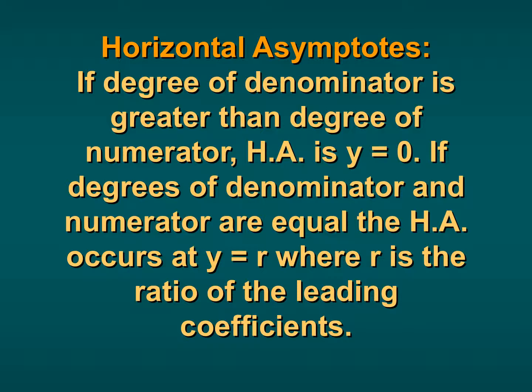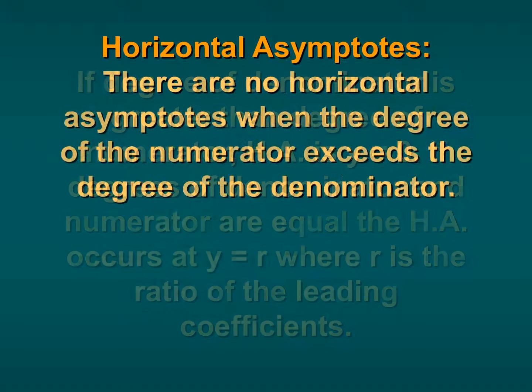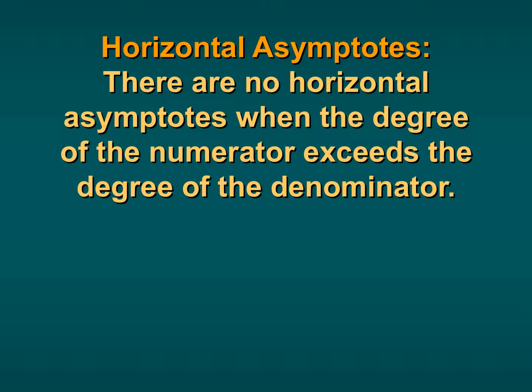So if the degree of your denominator is bigger, then it's the x-axis. If the degrees are the same, then your horizontal asymptote is the horizontal line y equals r, where r is the ratio of the leading coefficients. There are no horizontal asymptotes when the degree of the numerator exceeds the degree of the denominator.